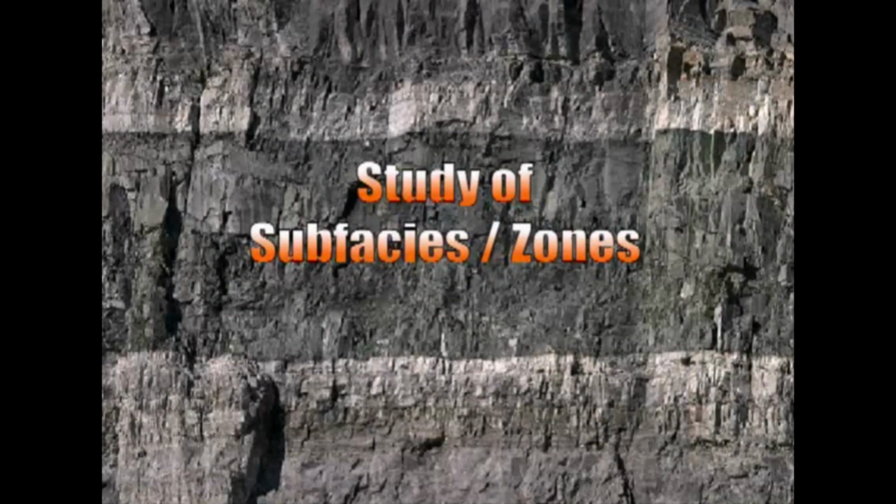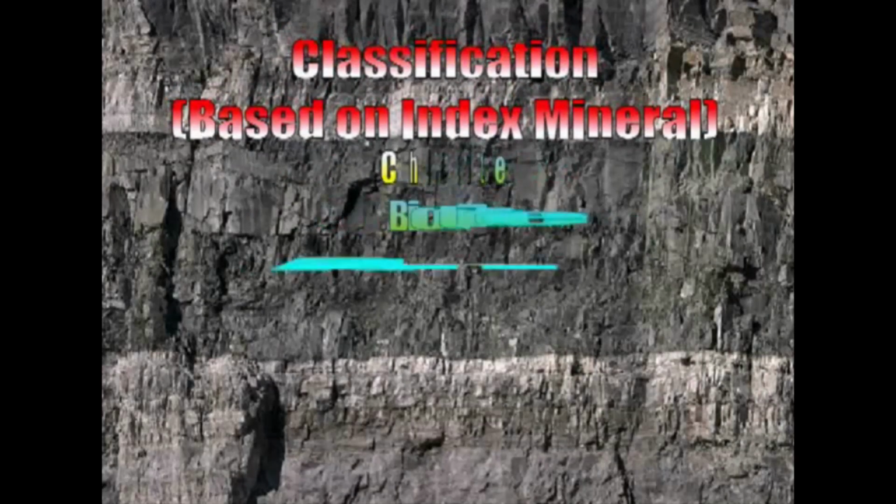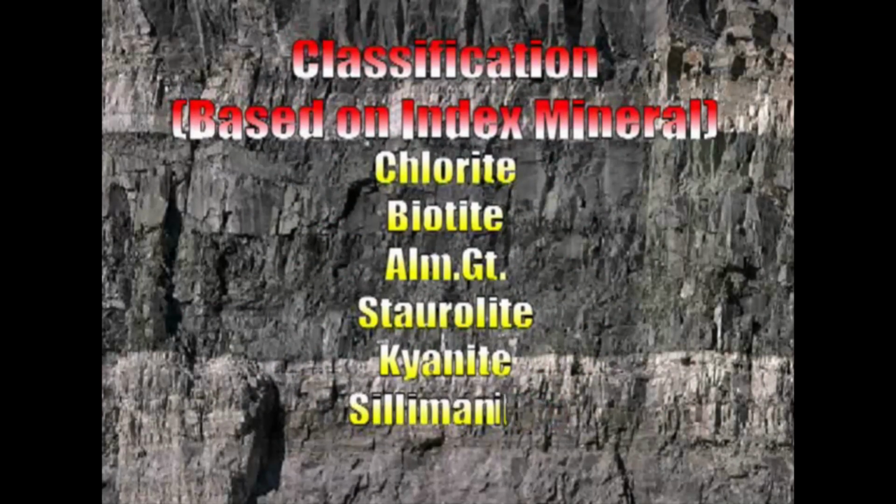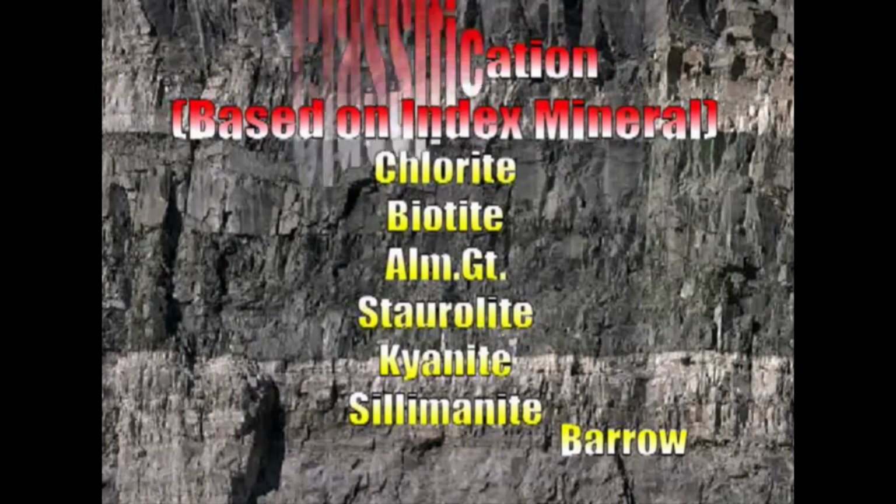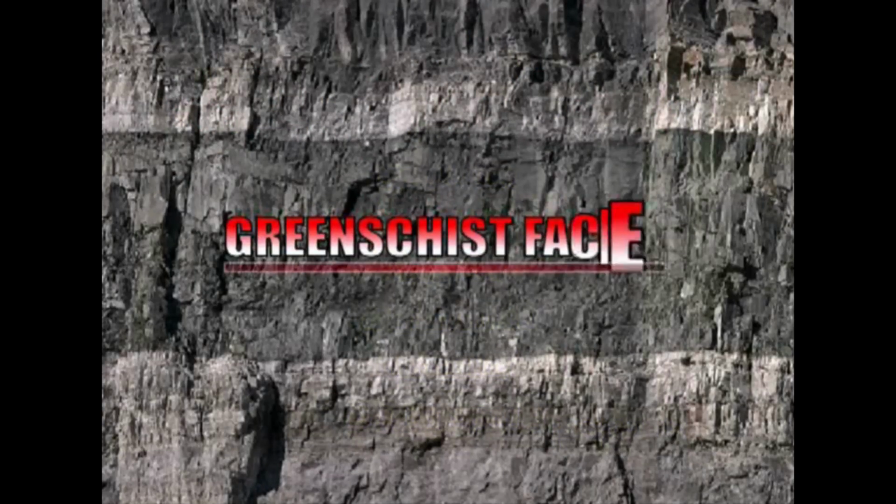The zones of these subfacies, on the basis of presence of index minerals like chlorite, biotite, almandine garnet, are recognized by the Barrovian zones of metamorphism. We can divide the green schist facies on the basis of these index minerals into three types.